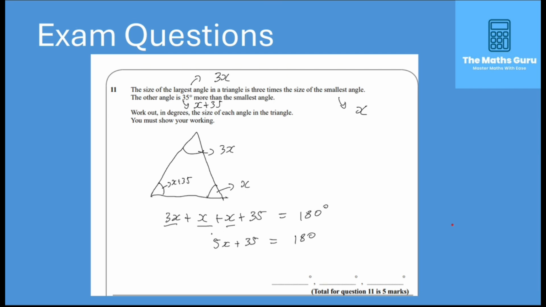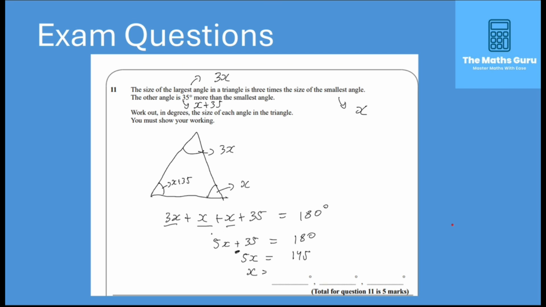To do this, we move this 35 onto this side, and we minus 35 from both sides. So we do 5x is equal to 180 minus 35, which is equal to 145. And we minus the 35 in this case because on this side it's adding, so we minus it for it to move across to the other side of the equation.